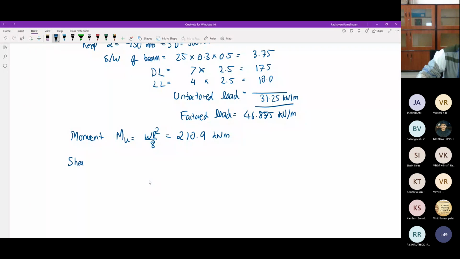Similarly, shear, of course, I'll take it at d from the face of the support. Support I can probably assume 300 mm, which means that if this effective span I said is 6 meters, and if I take the support is 300 mm, so this will be 150.